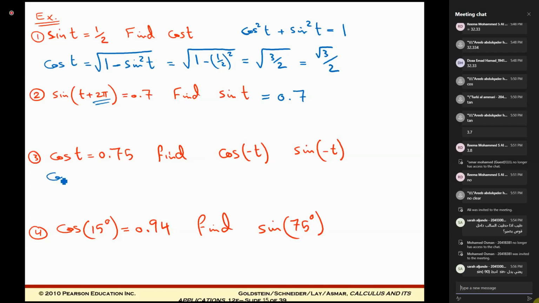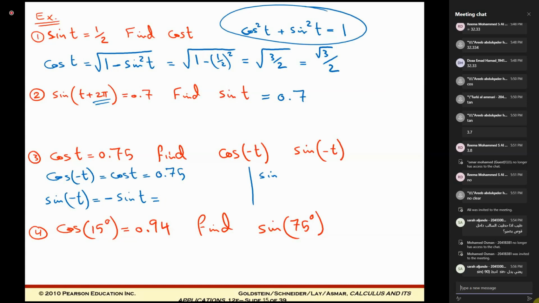Now, cosine minus t equal cosine of t, and this is equal 0.75. But the sine minus t equal minus sine of t. And we need to find the sine of t, also by Pythagoras, sine square plus cosine square equal 1.